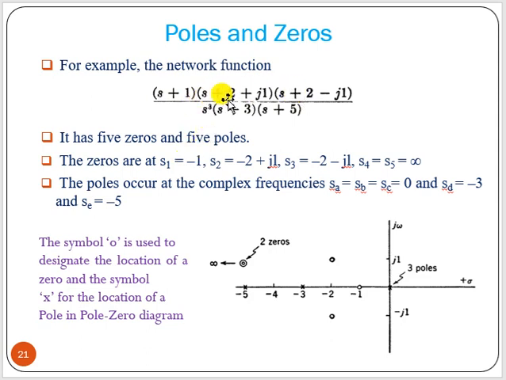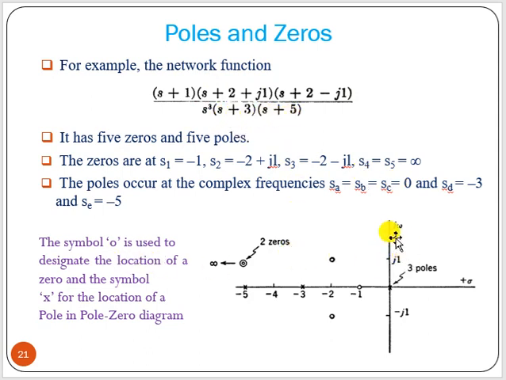The other two are at minus 2 plus j1 and minus 2 minus j1. So how do we find these? Take this one equal to 0 and find s. Now for poles we have s cube, that means s equal to 0, so we have three poles at 0, then s equal to minus 3, s equal to minus 5.